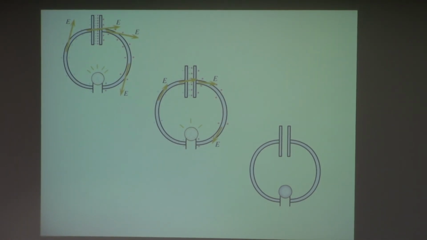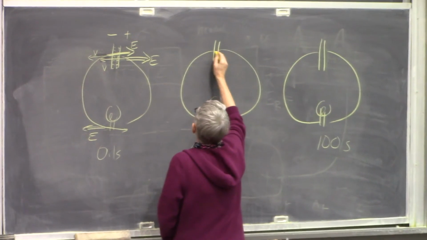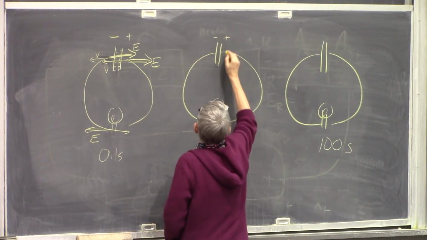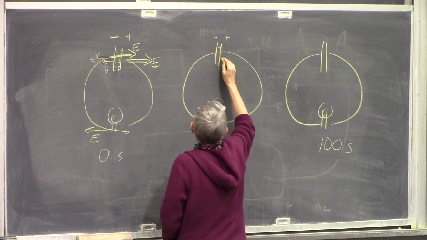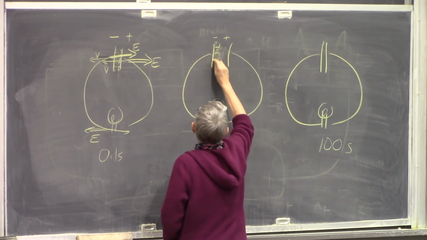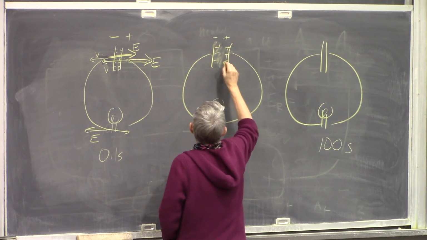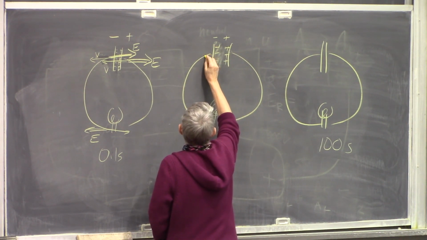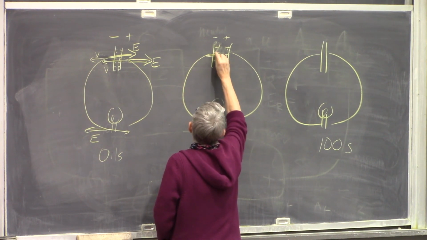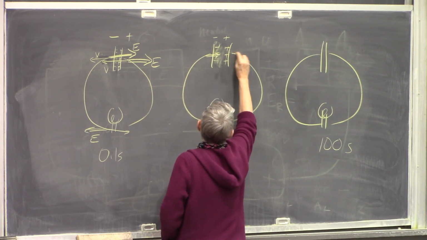Because then it gets smaller, right? So the current's decreasing. So this is still negative, but not as negative. I'll draw that bigger so I can exaggerate it. So we've still got an electric field that way, but it's now smaller.